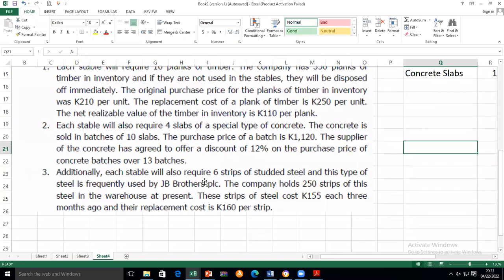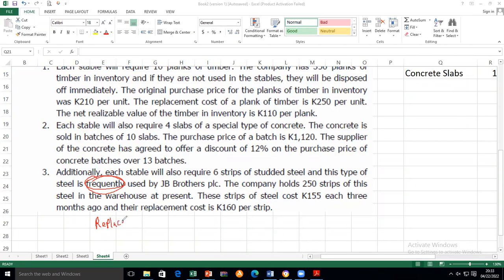Additionally, each table will also require 6 strips of studded steel, and this type of steel is frequently used by JB. Now, as people who have gone through the topic, what does this word bring to your mind? Replacement.